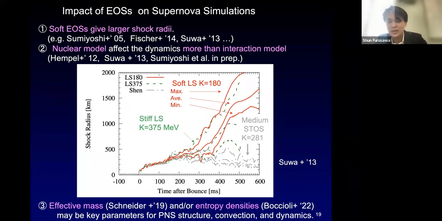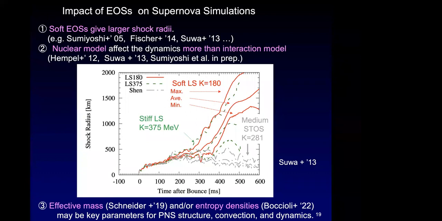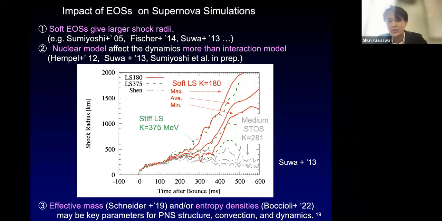Your question is very important for our community. There is much discussion about which is the key parameter for supernova simulations. In Suwa's paper, they performed a systematic study by changing the incompressibility parameter. Among these EOS, the symmetry energy is also different.